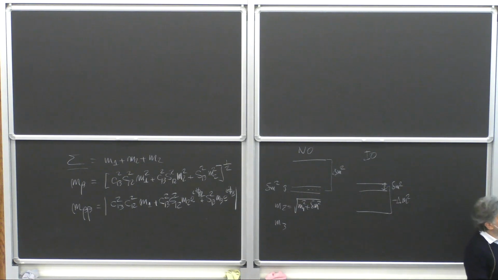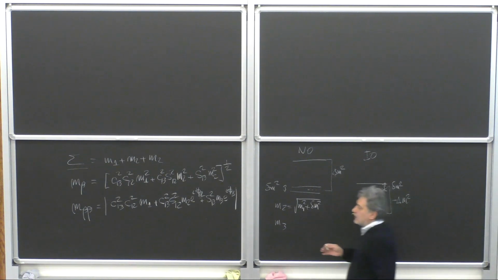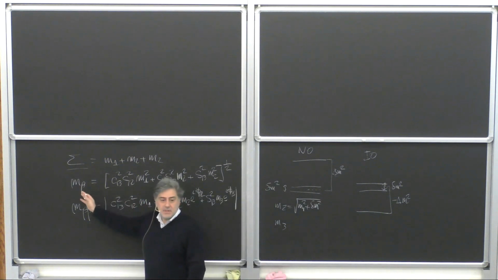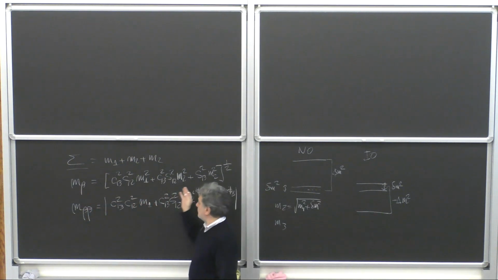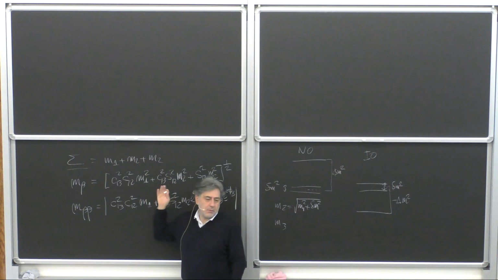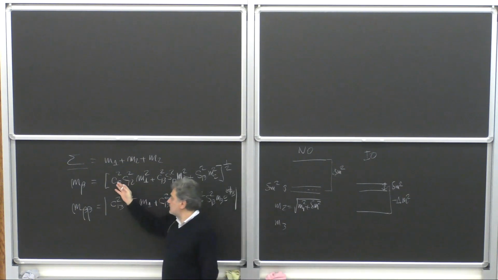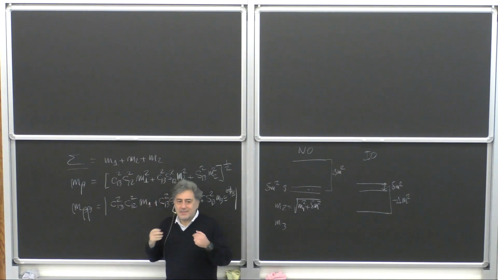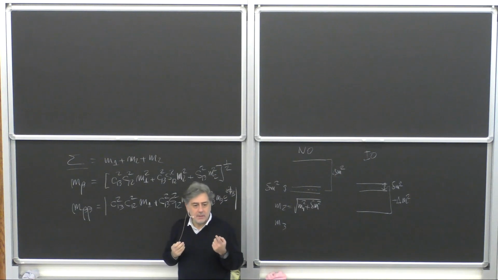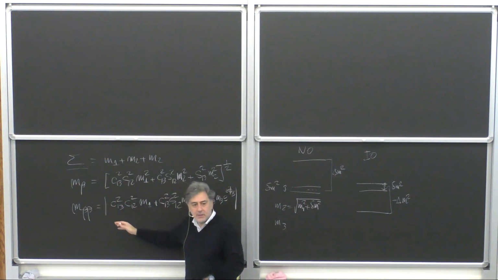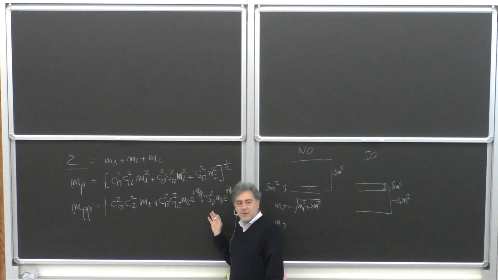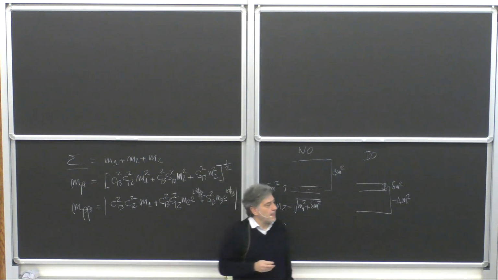And you can also consider what happens for M beta and M beta beta. You give a value to, for instance, M beta. This is an implicit equation in sigma or M1, and then you can calculate the allowed values for M beta beta if you vary the two phases.